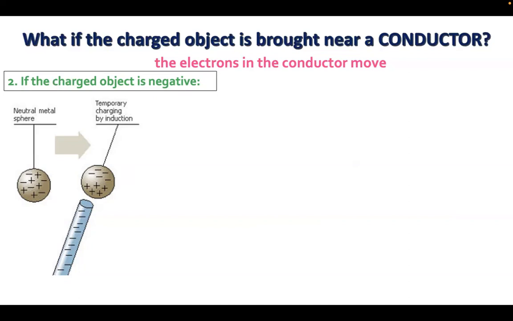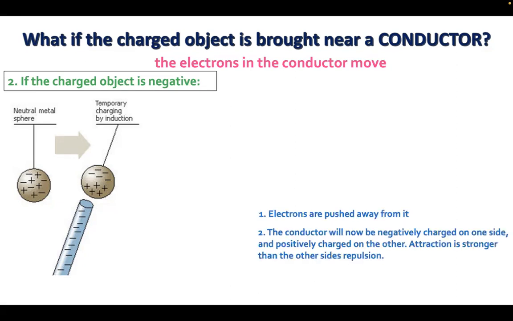Because you can only have this when you have the negatively charged rod close to it. Once you move the charged rod away from the sphere, it gets back to being neutral with a random distribution of charge. Electrons are pushed away from the negatively charged rod, and the conductor will now be negatively charged on one side and positively charged on the other side, which is called temporary charging by induction.